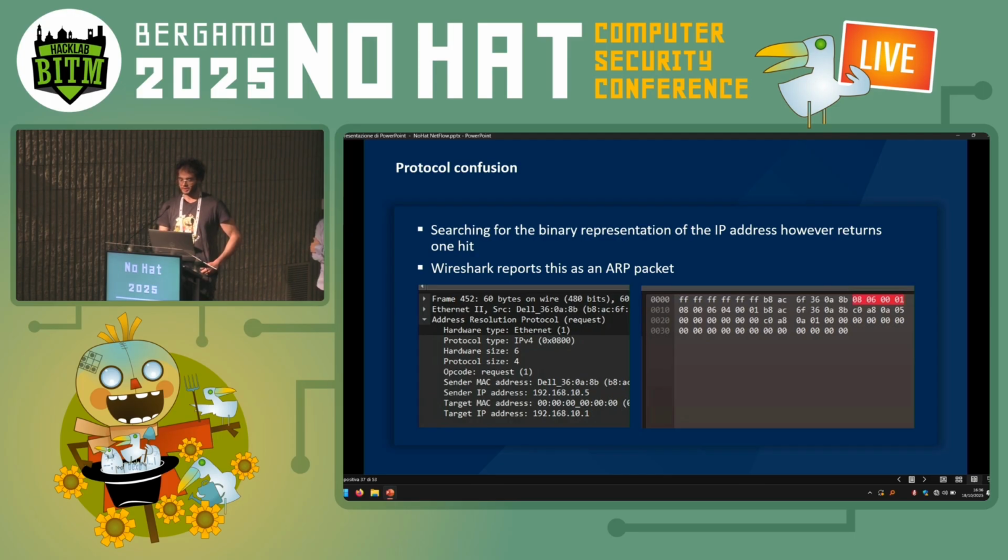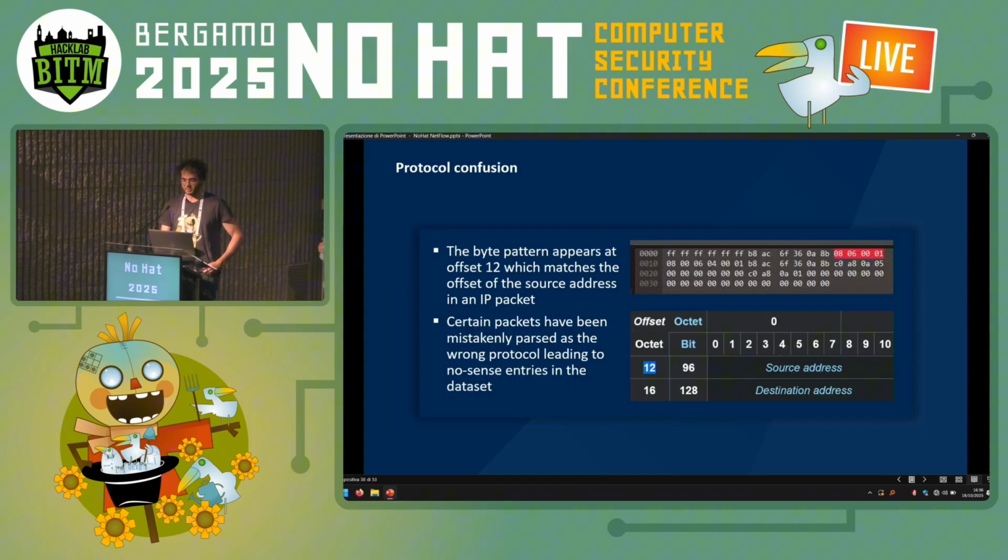What is happening here is that we discovered a protocol confusion bug. That is, whenever CIC-flowmeter receives a packet that it doesn't know how to understand, it will always try to parse it as an IP packet. To confirm this, we can actually check the binary structure of an IP packet, and we see that at byte offset 12, we have the source address, which is the exact same offset where we find this byte pattern in the ARP packet.